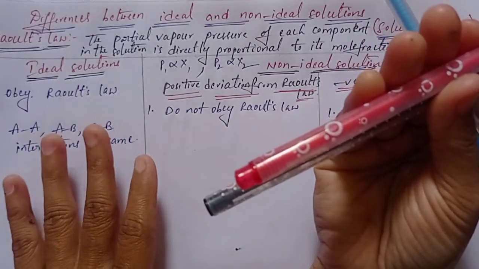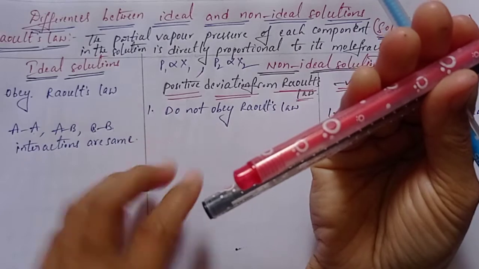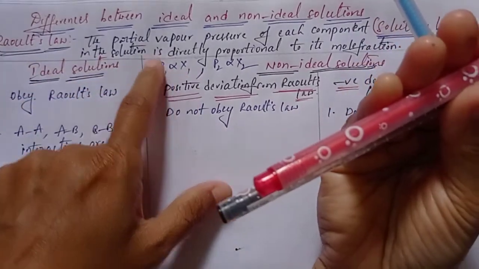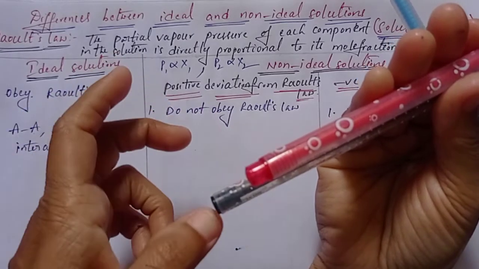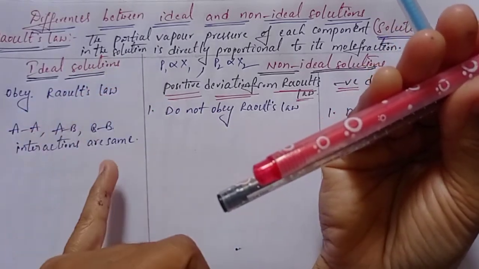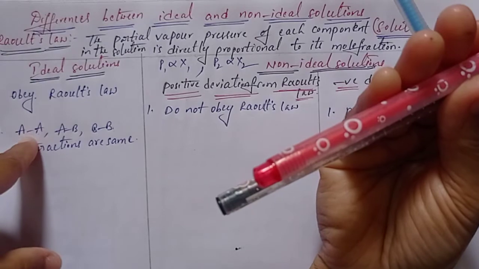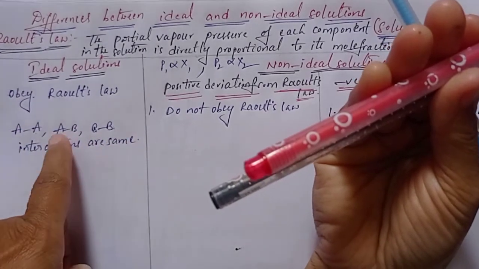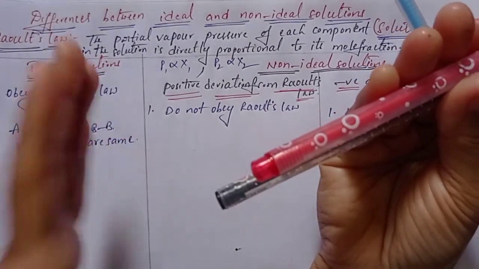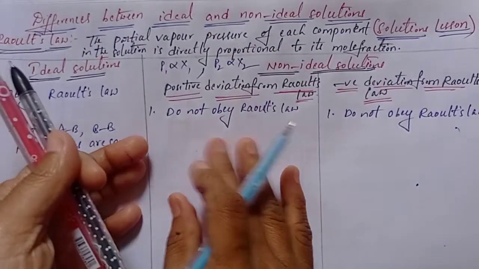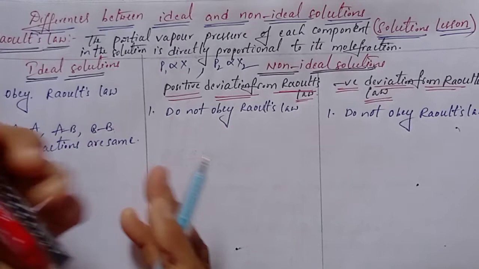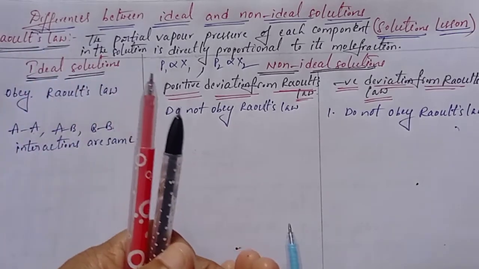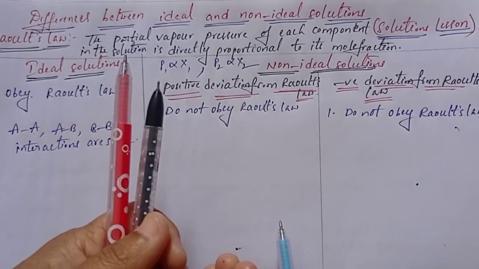Okay now, here I'm taking the binary solution, so two components are present. If suppose A and B two components are present, between the A components, between the B components and between the A and B components, attractive forces are same, students. Clear? Why are the interactions same here? Because A and B components are identical in shape, size and character.